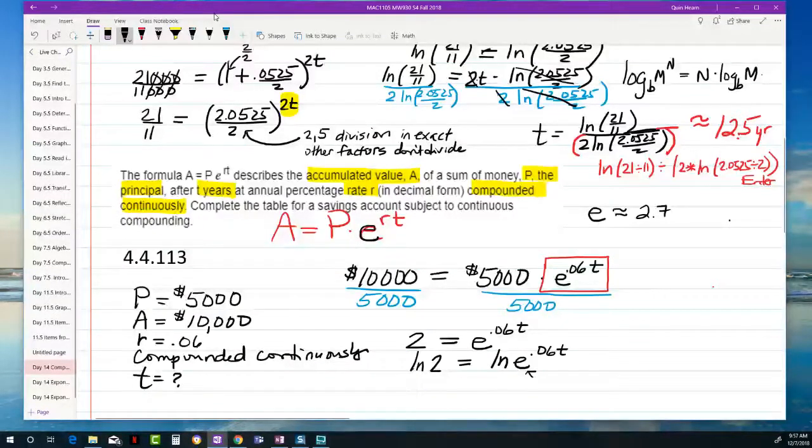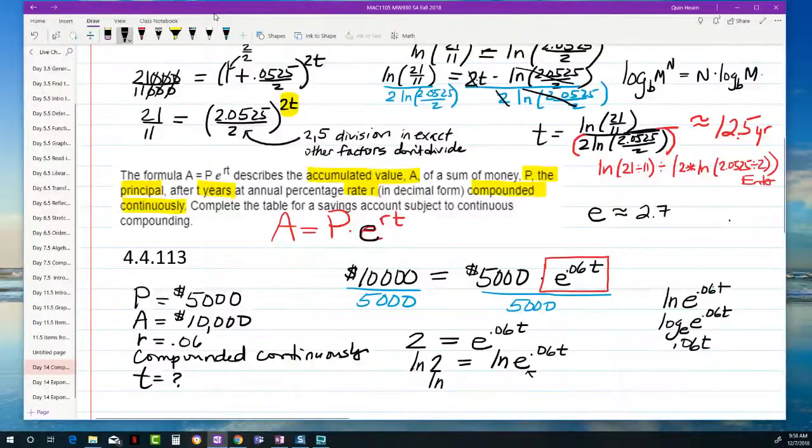So what I mean by that is, remember, natural log of e to the 0.06t means the log base e of e to the 0.06t. When you have the same base in the exponential expression as in the log, they're going to cancel each other out. So we're going to be left with just the exponent, 0.06t.